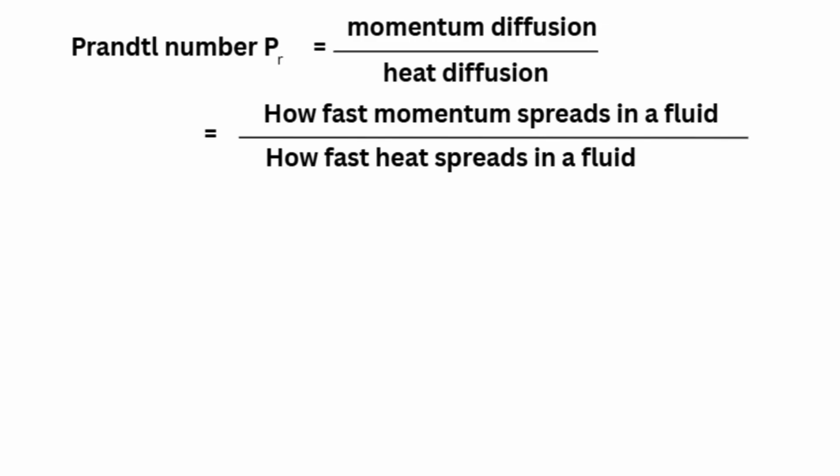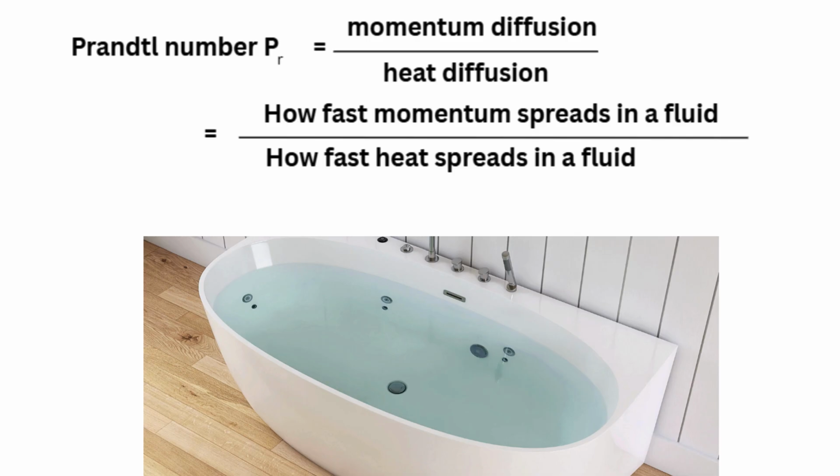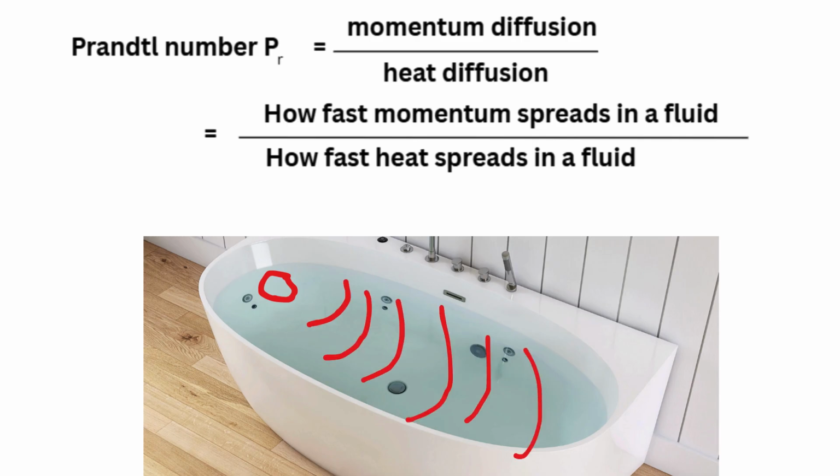Now we will go to Prandtl's number. Let's take a simple bathtub as an example. In this bathtub, at any point as marked, you dip your finger or something. Then you will see waves forming like in this bad animation of mine. But you understand. How fast this disturbance spreads in the fluid, that is the momentum diffusion. Because if you do this exact same thing in cement, again it will be very slow or just not possible, so it has very little momentum diffusion.